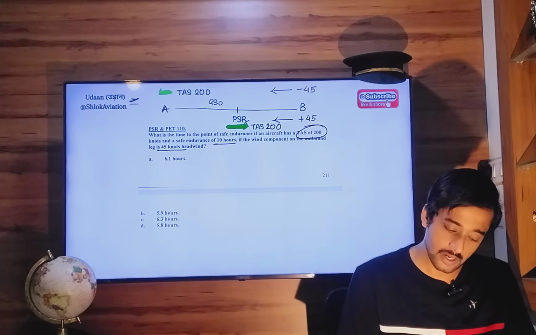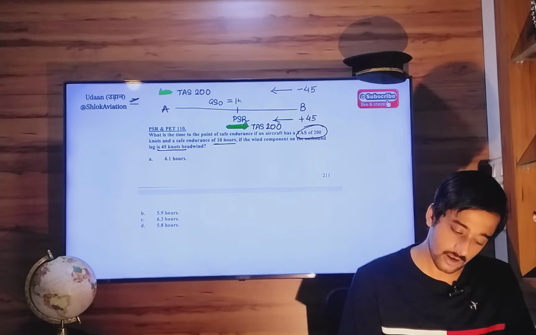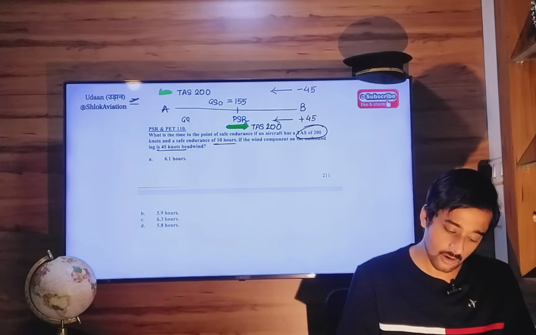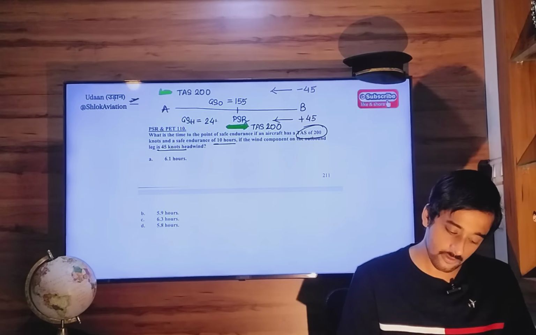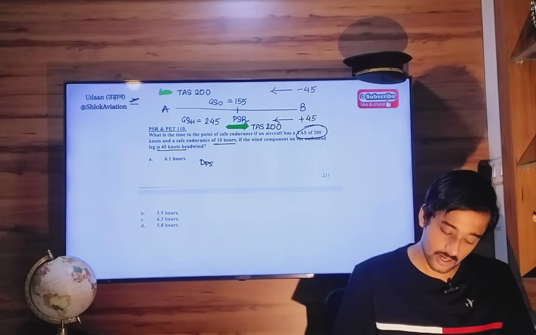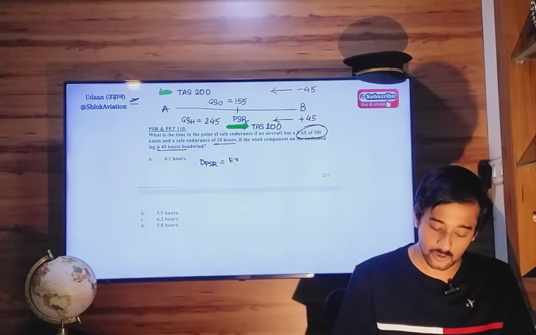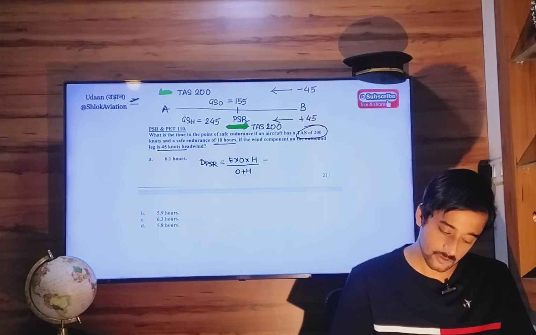Outbound ground speed will be 200 minus 45, that is 155. Homebound ground speed will be 200 plus 45, that is 245. So distance to point of safe return is endurance into outbound into homebound divided by outbound plus homebound.